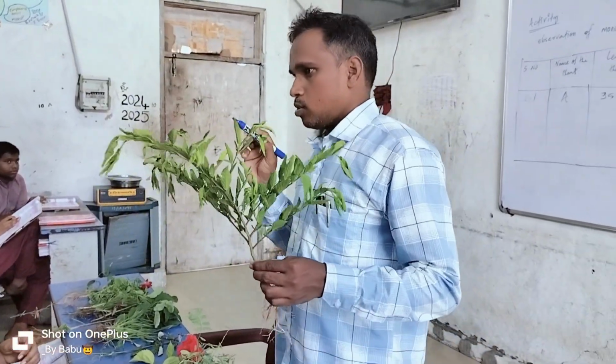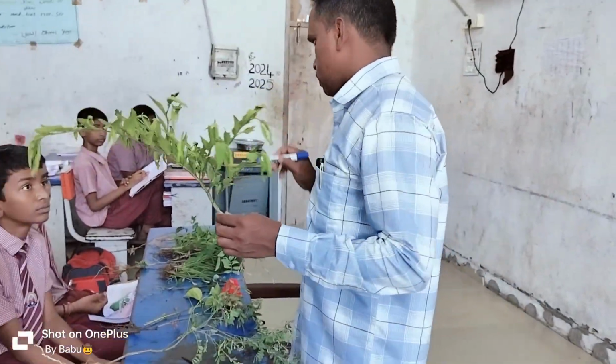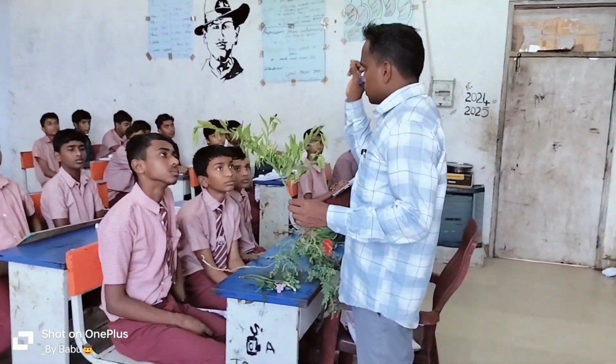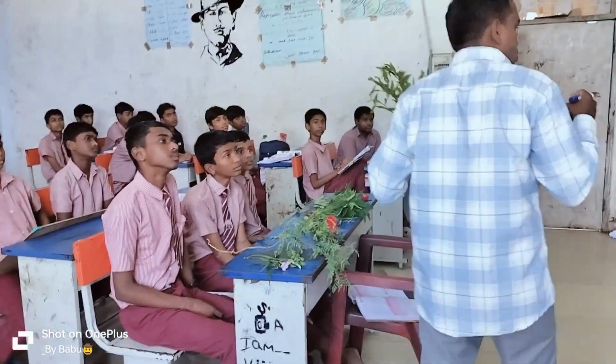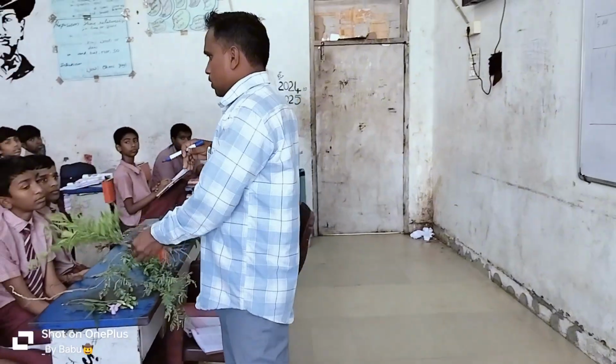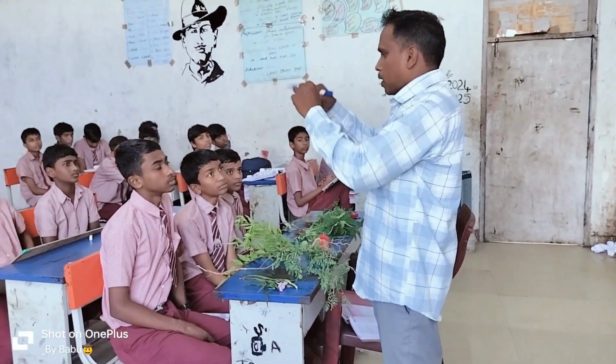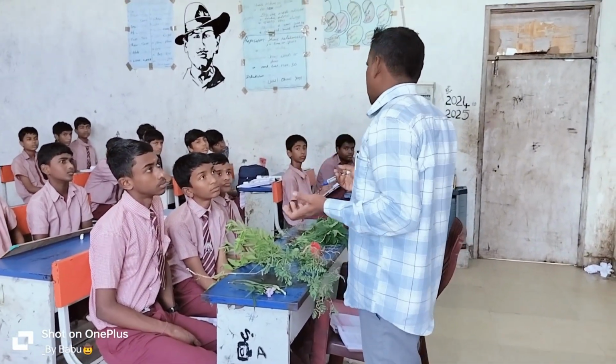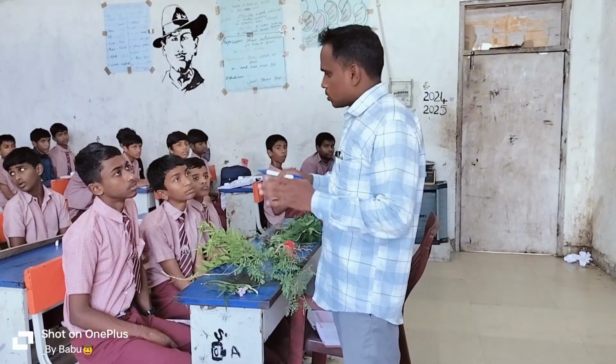Easily you will notice nodes in the sugarcane stem. The sugarcane, where we easily break it into different, equal parts. That particular area is known as a node.